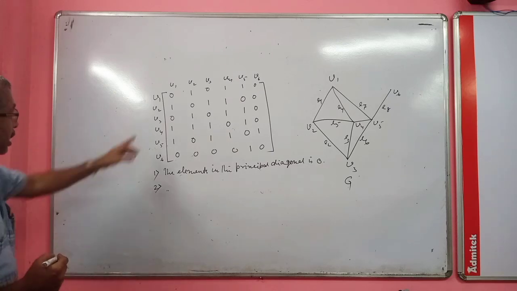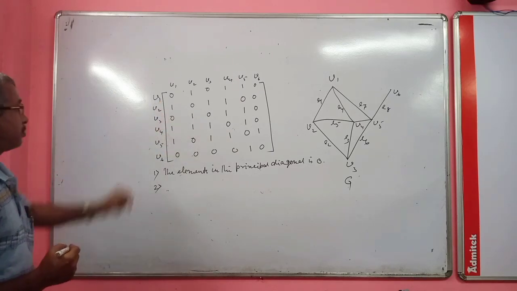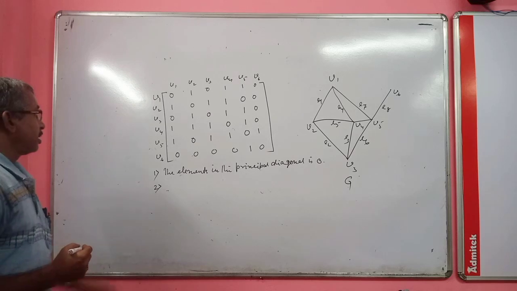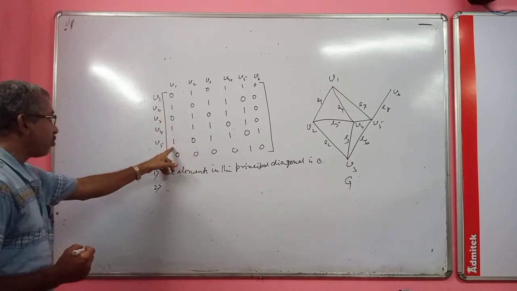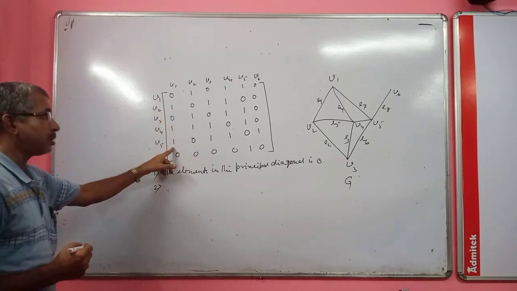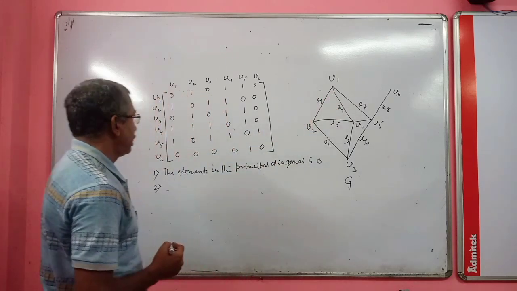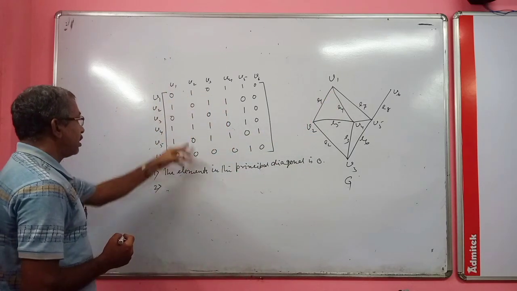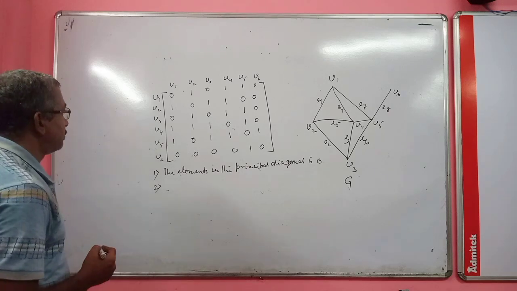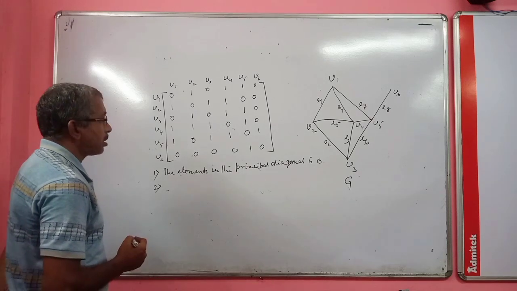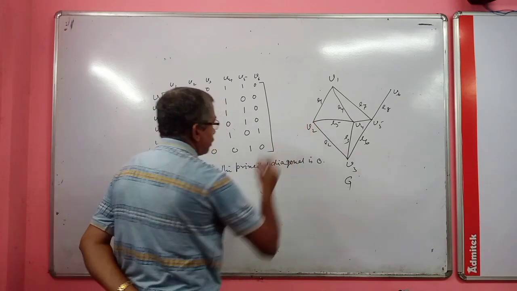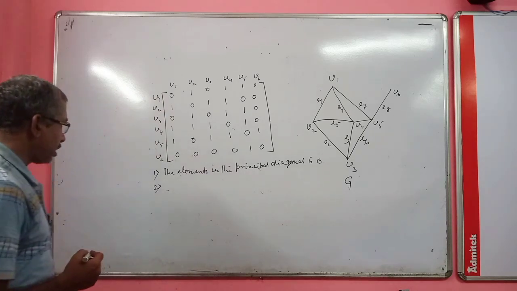Look, at the first column, that is V1 column, there are only 3 ones, equal to the degree of V1. Again, in the column of V2, there are only 3 ones, equal to the degree of V2.